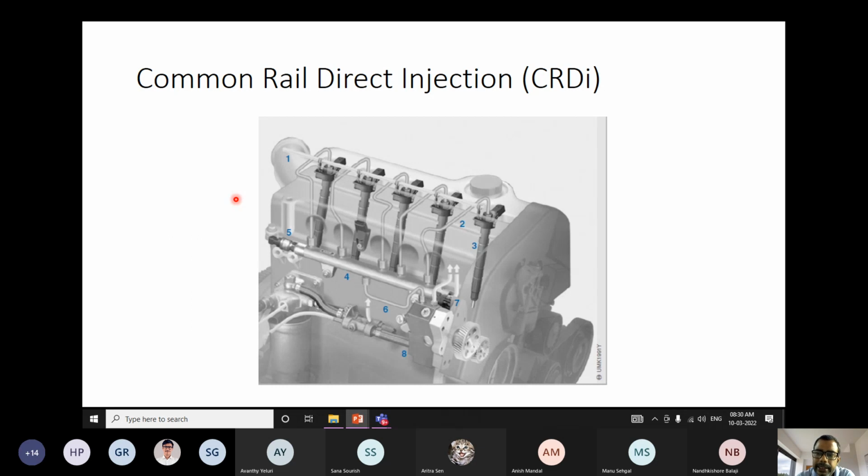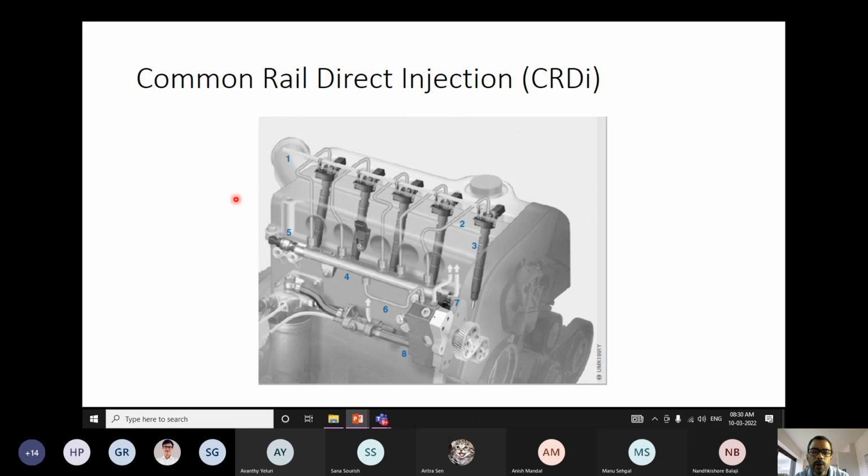There might be written CRDI or CRDE or something like that. It means this engine is equipped with a fuel injection technology called Common Rail Direct Injection. Common Rail Direct Injection, CRDI.